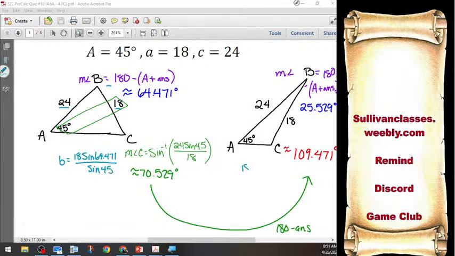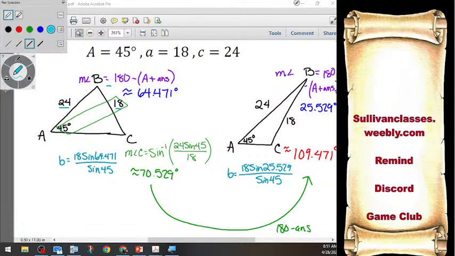Versus over here, it's 18 sine of little guy, 25.529. For the first little c, I got 22.071. And for the second little b, I got 10.372. Someone else confirm?